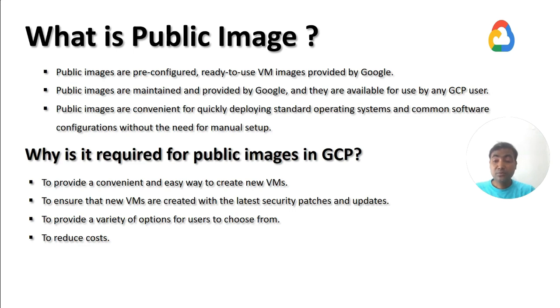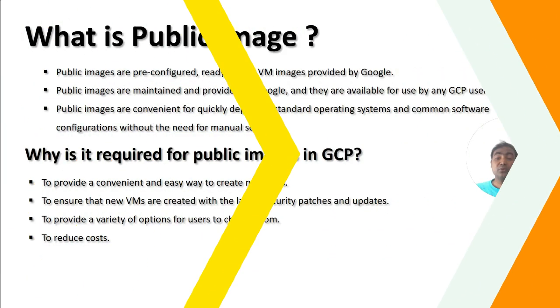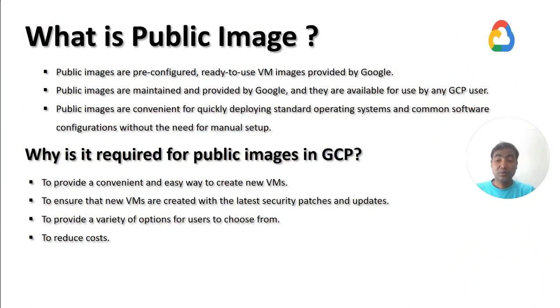And guys, to provide a variety of options for users to choose from, public images are available for a wide range of operating systems and applications, so users can find the image that is right for their needs. To reduce cost, guys, public images are often free or low cost, which can help users to reduce the cost of running their VMs in Google Cloud Platform.